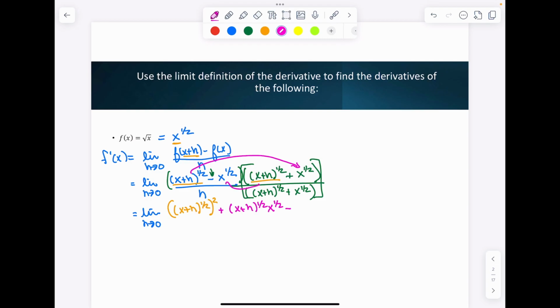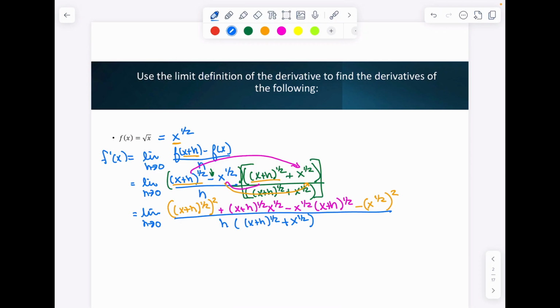And then I get minus x to the 1/2 times x plus h quantity to the 1/2. And my final term is x to the 1/2 minus x to the 1/2, once again multiplying it by itself, so in other words squaring it. I still have this whole thing over h times x plus h to the 1/2 plus x to the 1/2. And once again, I'm not going to multiply that through. It's already factored, so I'm going to leave it just like it is in that denominator.